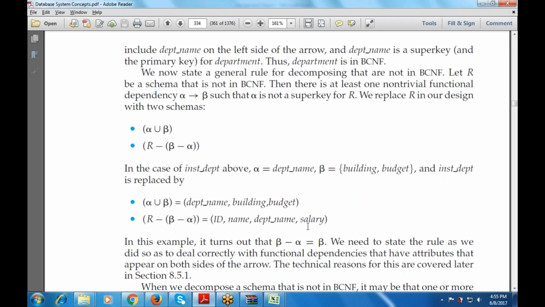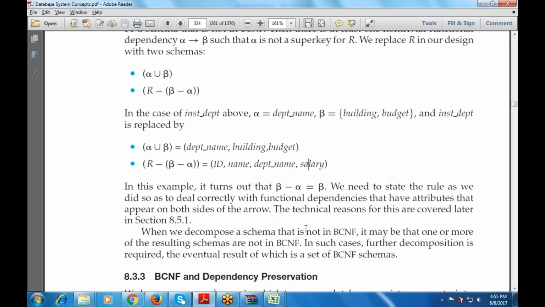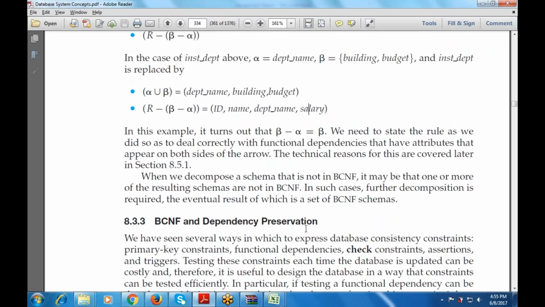And we need to state the rules as we did so as to deal correctly with functional dependencies that have some attributes that appear on both sides of the arrow. The technical reasons are covered over here. In some cases, the result may be in BCNF, but at least one or more resulting schemas are not in BCNF. In such cases, further decomposition is required, eventually giving a set of BCNF schemas.